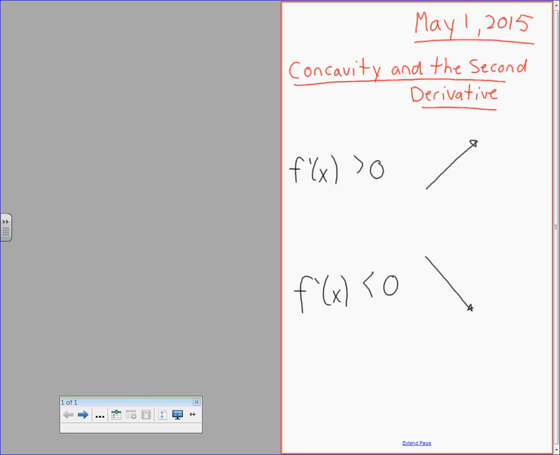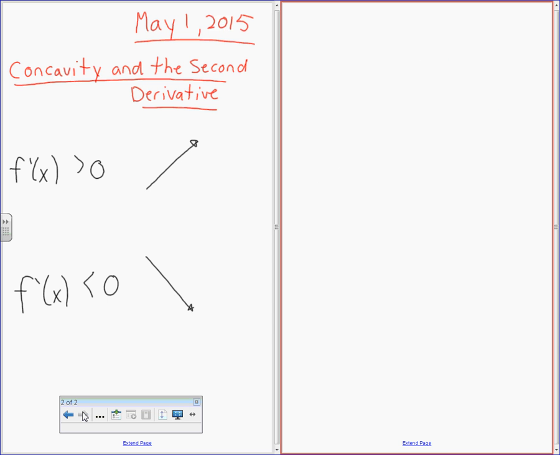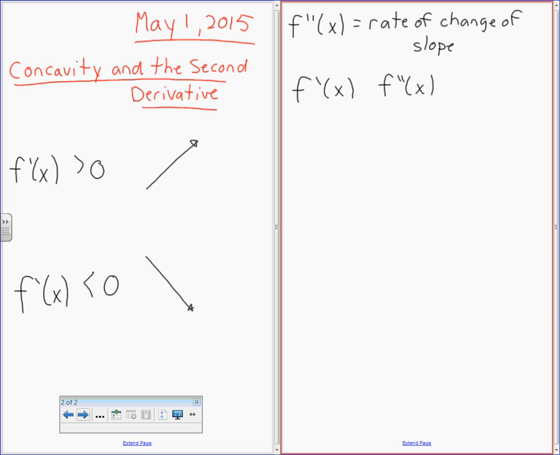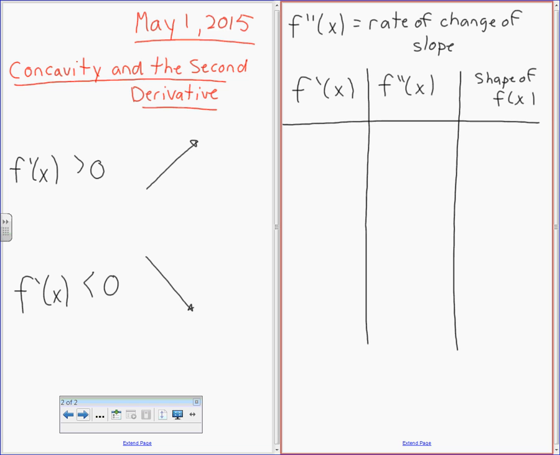We're going to deal also with the second derivative. So today the second derivative, f double prime of x, is going to be the rate of change of slope. I'm going to make a little tiny chart here, an interval chart.